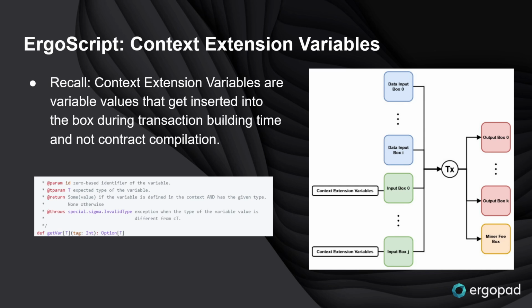Each box can have not only one context extension variable, but multiple of them. So if you put all of the variables in a list and you want to access a specific one, you have to know which location it will be in. And as a developer, since all of this is just in code, you would know which position it is when you insert it into the box with the off-chain code.